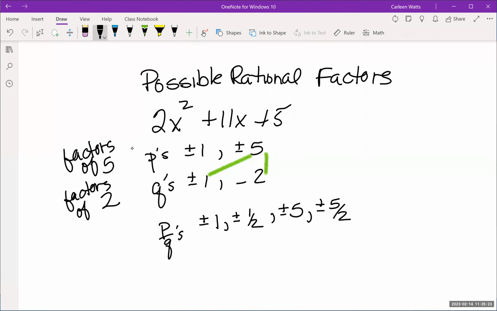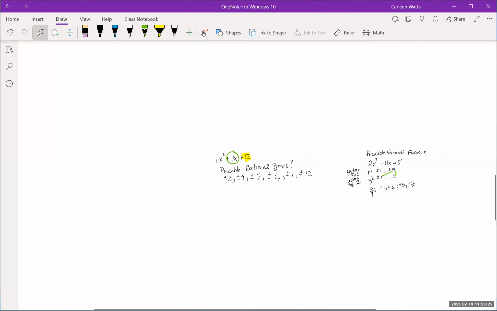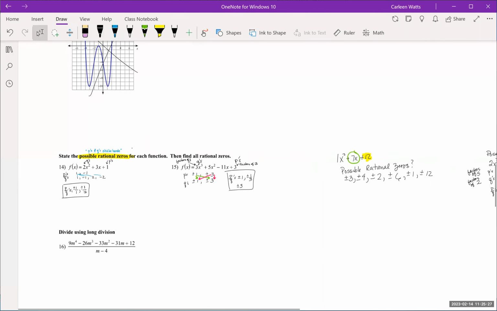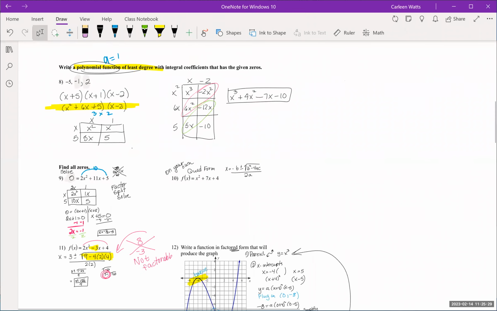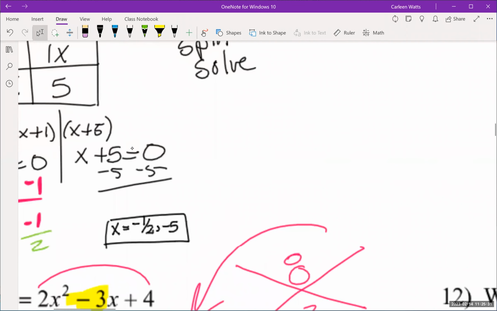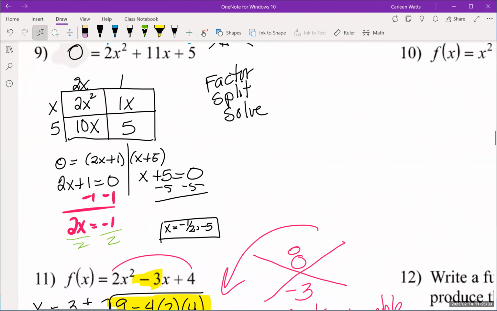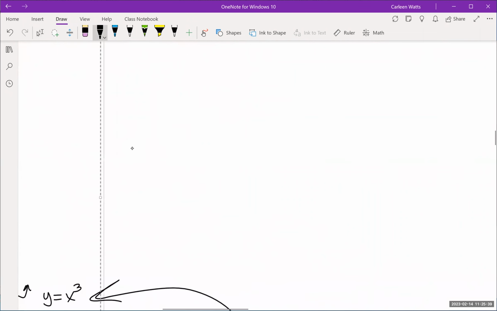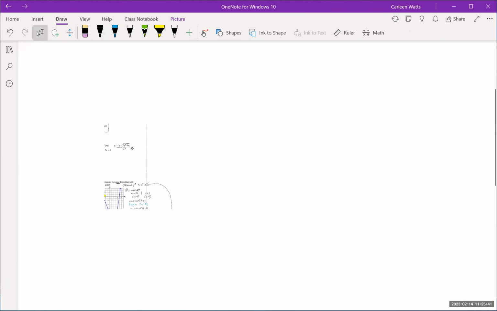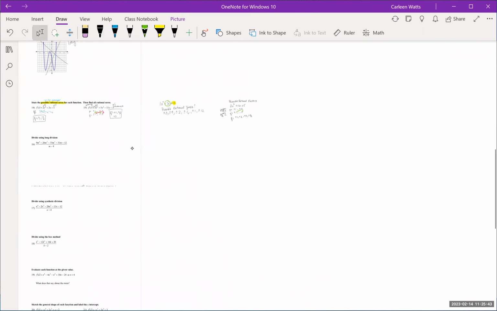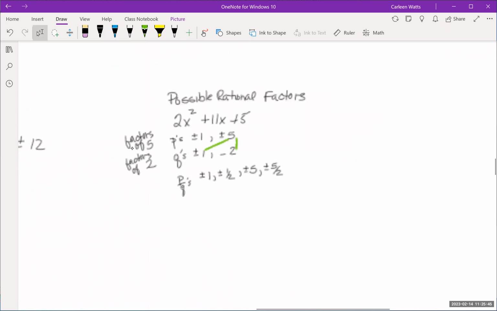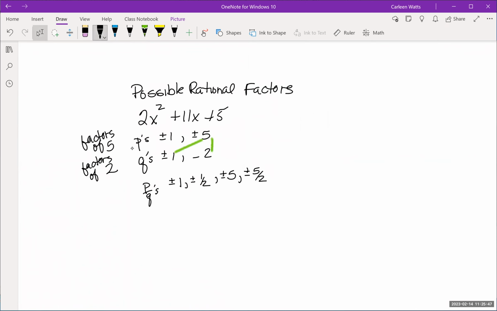Okay, now we did this problem. We did factor, split, and solve, and we got -1/2 and -5. So x is equal to -1/2 and -5.